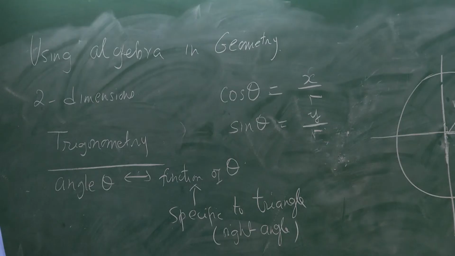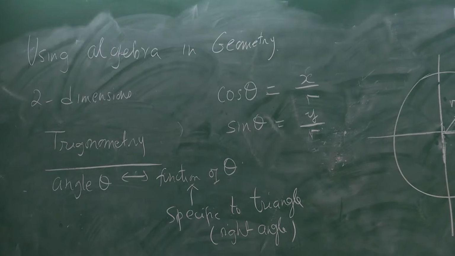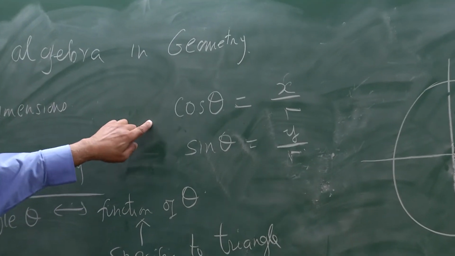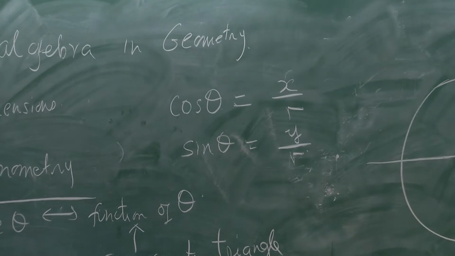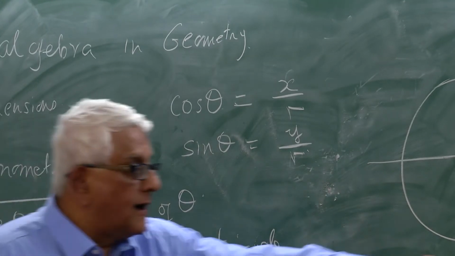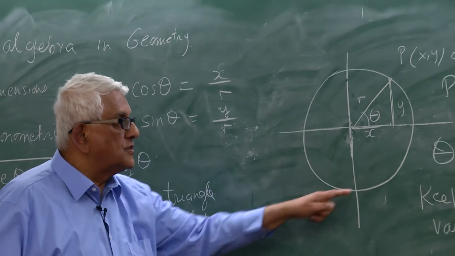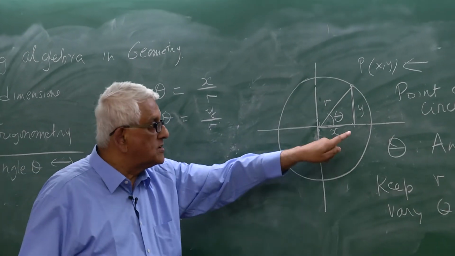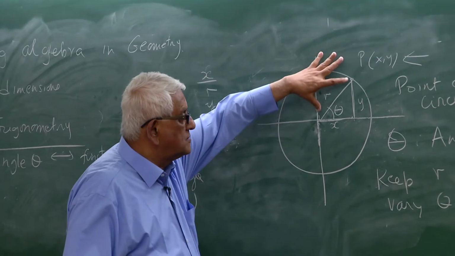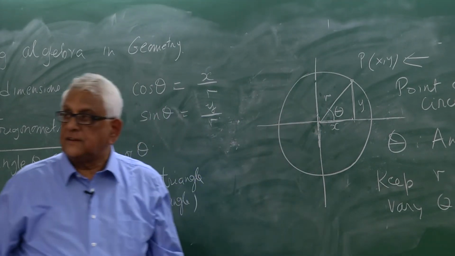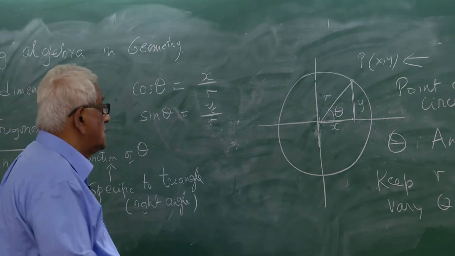Right? So once this is done, then we know that if we keep r fixed and if we vary theta, we are moving on the circle. Just geometrically, r is fixed, it's like a string, and you just move like this, and that gives you the circle.